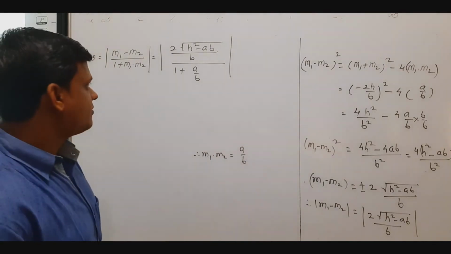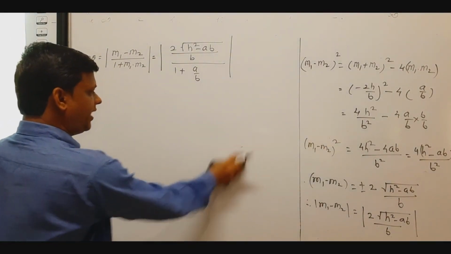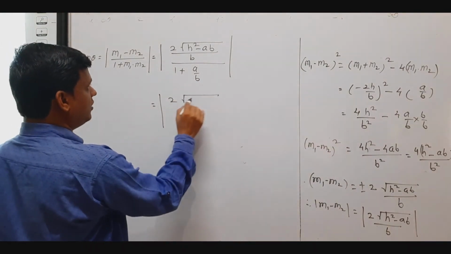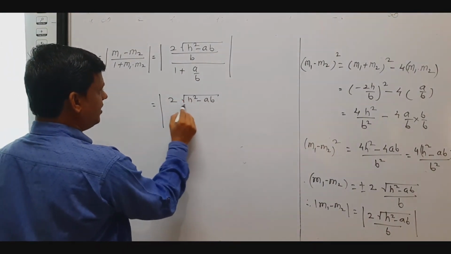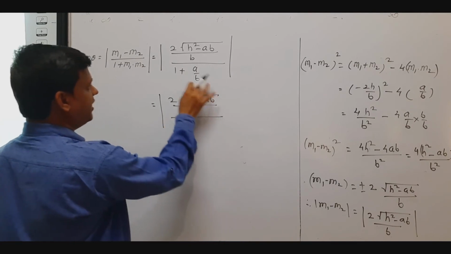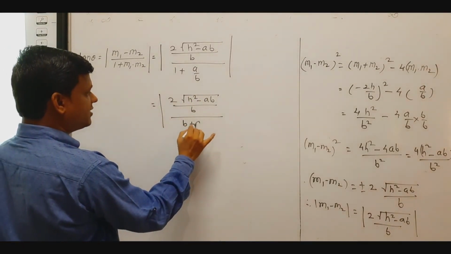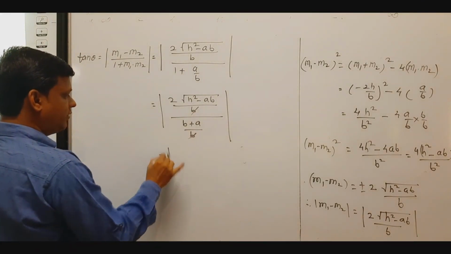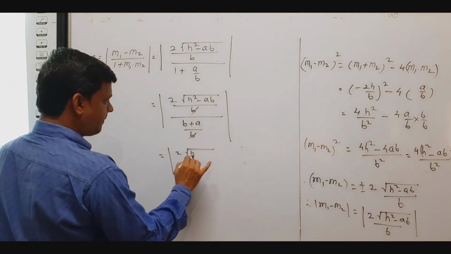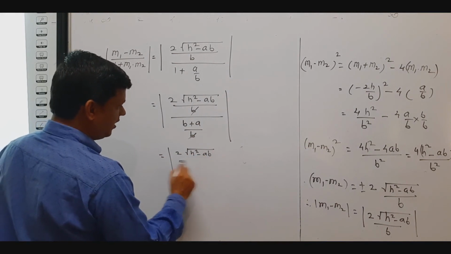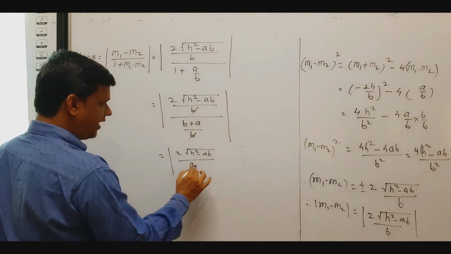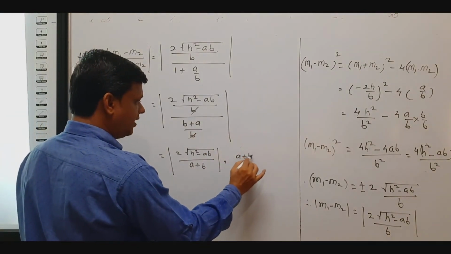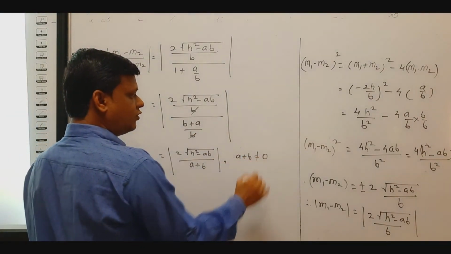After cross multiplying in the denominator, we get 2 times under root h square minus ab upon b, upon (b plus a) upon b. So b gets cancelled, and we write 2 times under root h square minus ab upon a plus b, so a plus b not equals to 0.